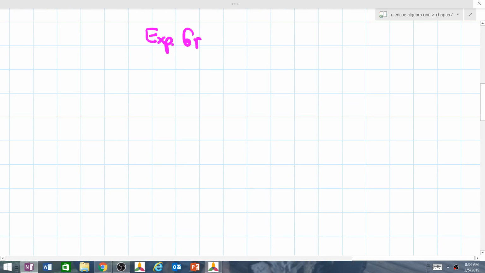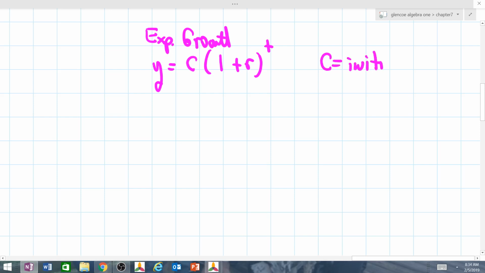The exponential growth formula says y equals c times the quantity 1 plus r to the power of t, where c is the initial amount, where r is the rate of growth.